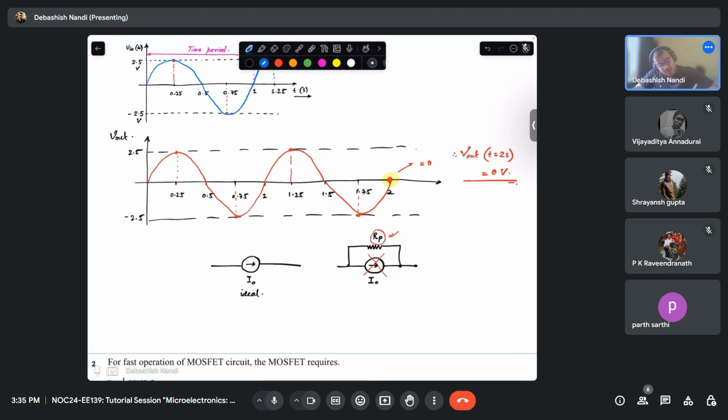Similarly, when you have a voltage source, you have a series resistance with it. A practical voltage source has a series resistance along with it in series. This much you are familiar with, right? Yes, sir.